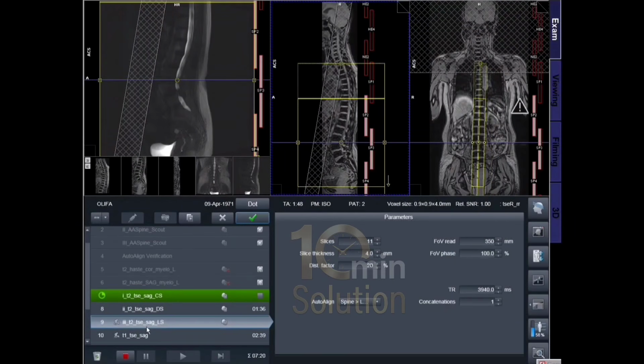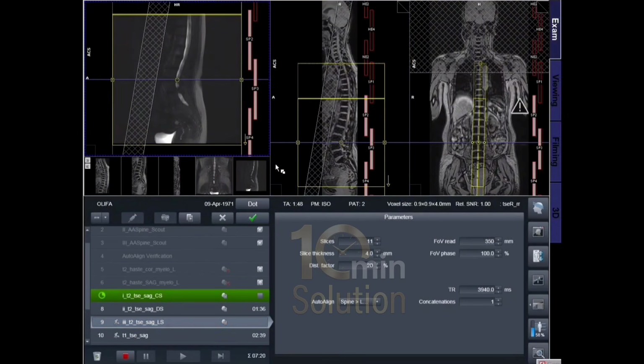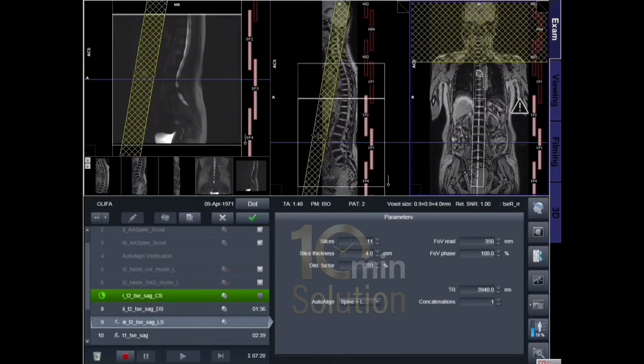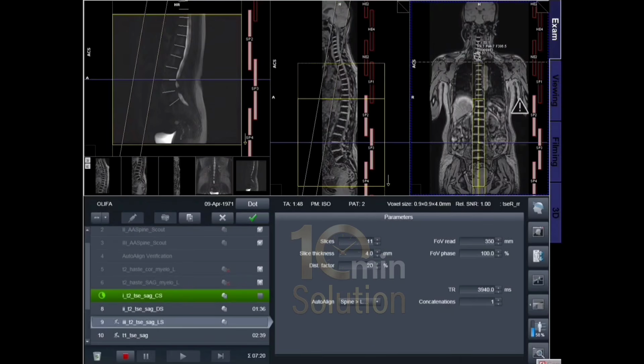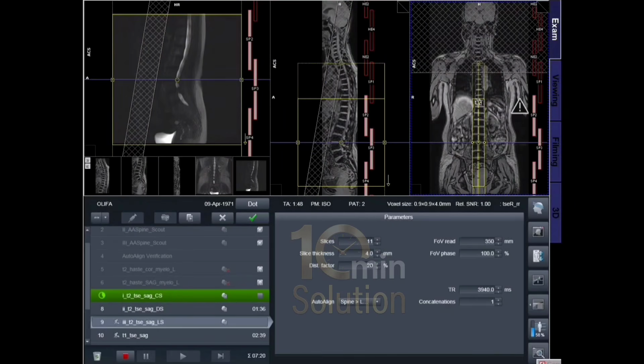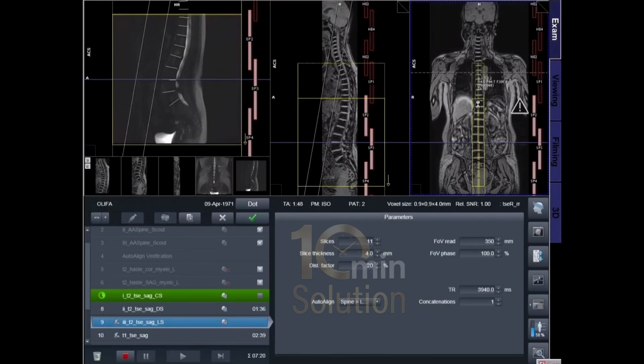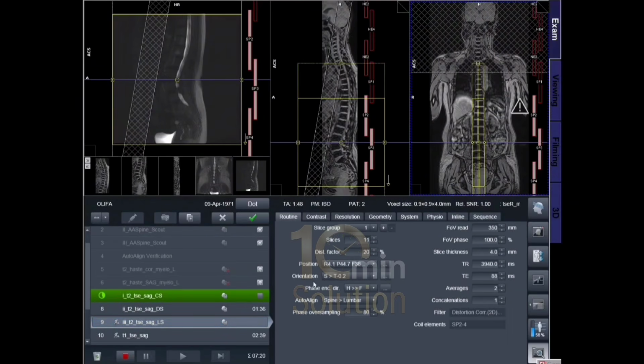Now the next plan, T2 TSE sagittal LS. LS means lumbosacral spine. Look here, the lumbar 5, 4, 3, 2, 1. Now I nicely set up the planning, following anatomy and physiology, and look here at the parameters.